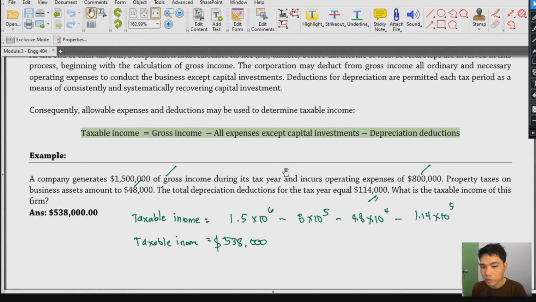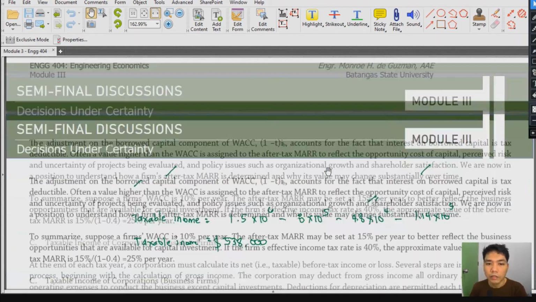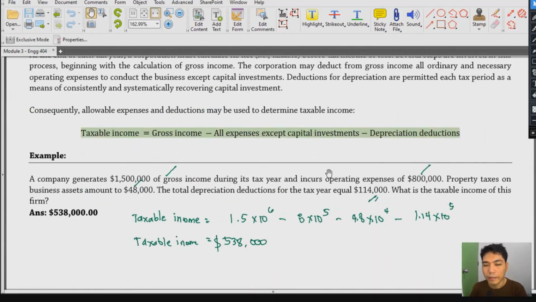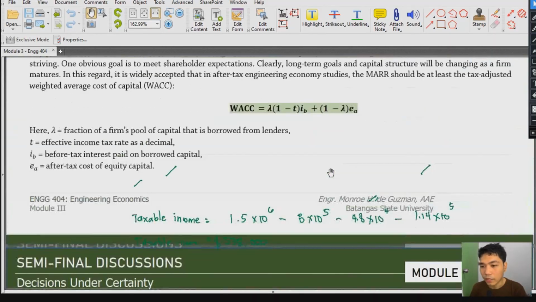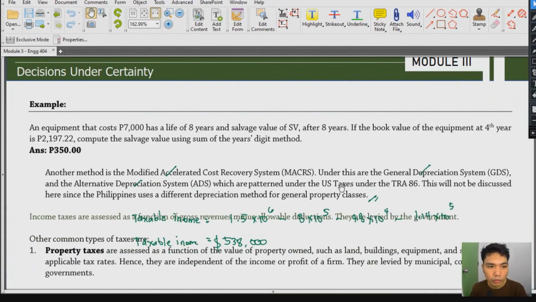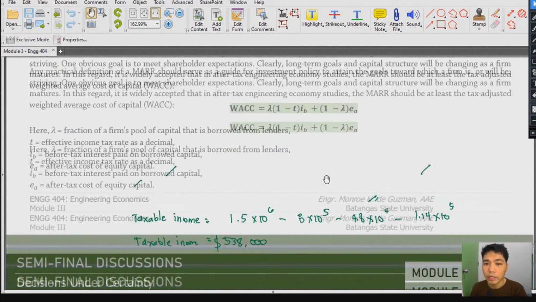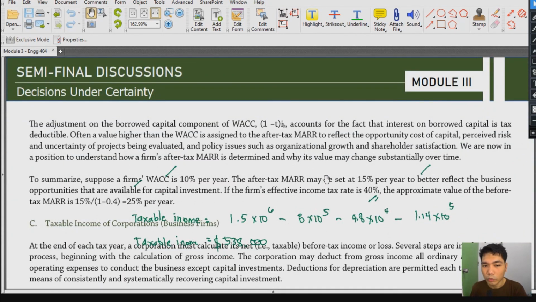We call this the income tax. So, usually, yun yung ipapataw dun sa ating taxable income, diba? Ay, ito pala, income tax are the function of the gross revenue minus allowed. Pero walang sinabi dyan kung ilang percent. So anyway, that's how you compute.